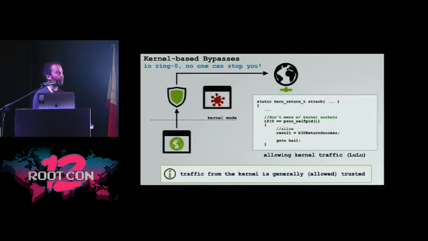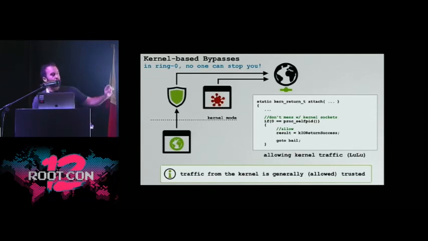Now, the final way to bypass generically any third-party firewall product is to get code execution in the kernel. In short, if an attacker can load a kernel extension or find a way to execute code in the context of the kernel, they will have no problem bypassing any firewall. First, those firewalls generically allow any code or any network connections that originate from the kernel.